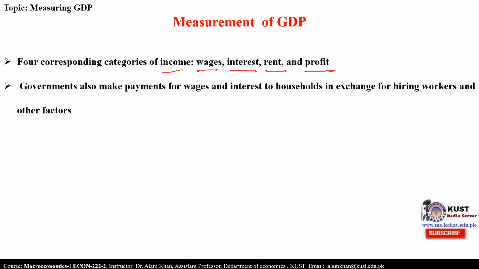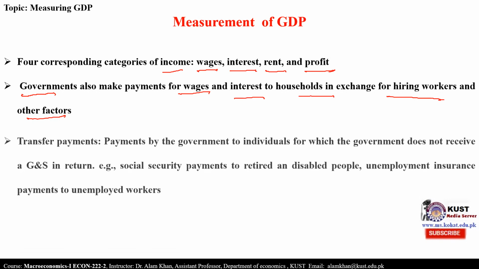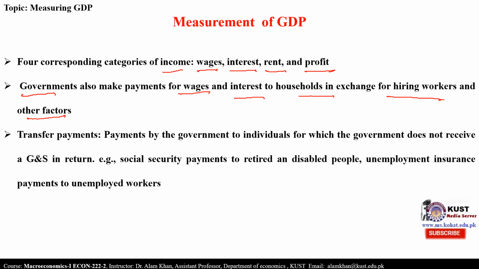Government is also one of the agents that makes payments for wages and interest to households in exchange for hiring workers and other factors. There is one concept that is used, it is transfer payment.